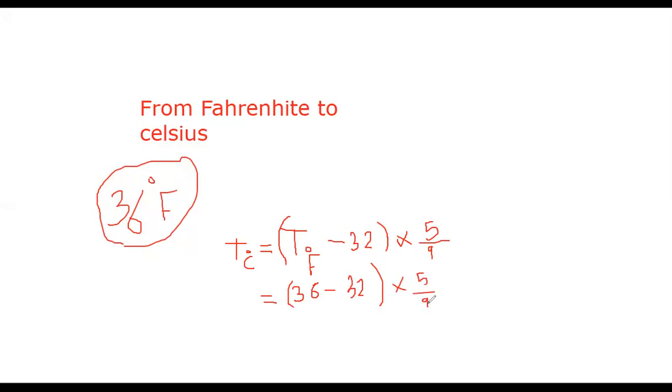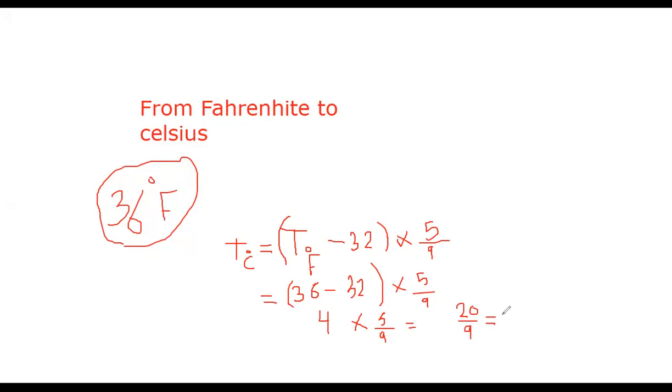Is my voice coming through or not? Yes. 36 minus 32 equals what? 4. Multiply by 5 over 9, which is equal to 20 over 9. Of course, when we divide 20 over 9, there will be fractions.